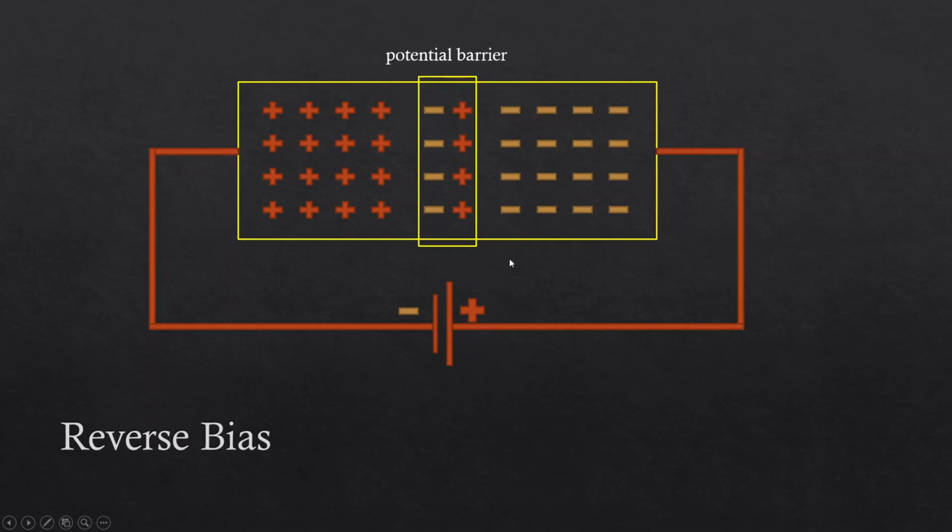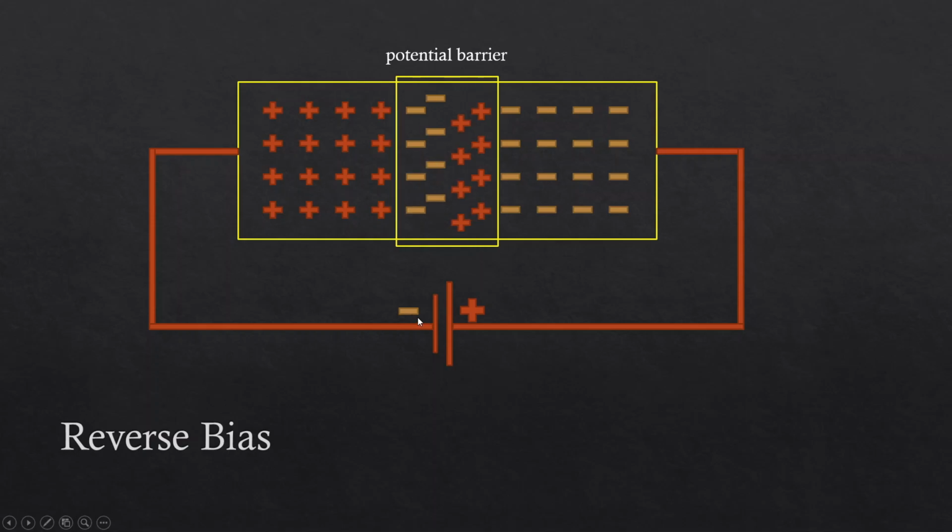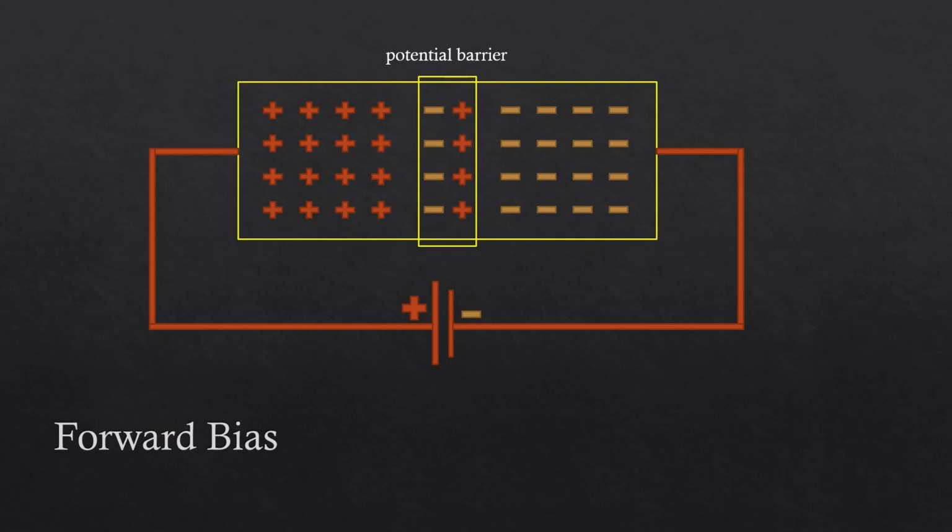And what will happen, the negative terminal will attract the positive holes of the p-type material towards itself, which makes the potential barrier wider, and the conduction will stop. It acts as an insulator and does not allow current to flow through it. And if we talk about forward biasing, we are going to connect the positive terminal of the battery to the p-type material and the negative terminal of the battery to the n-type material.